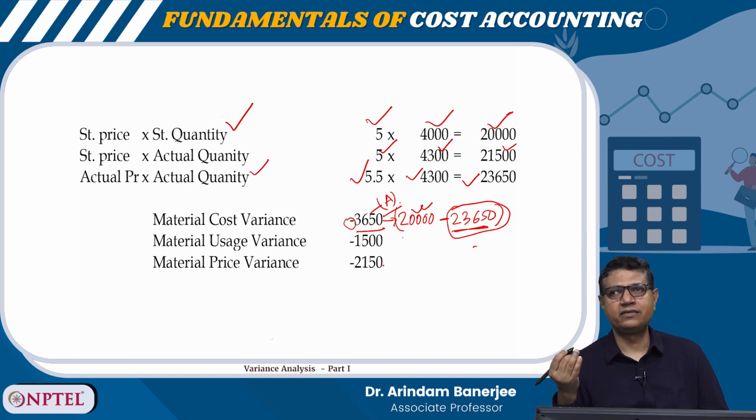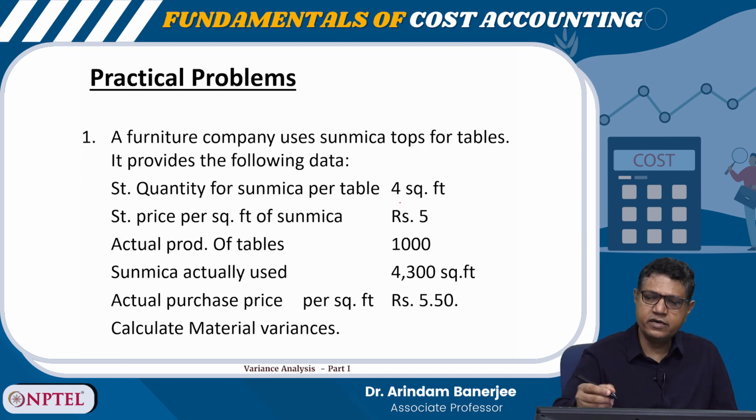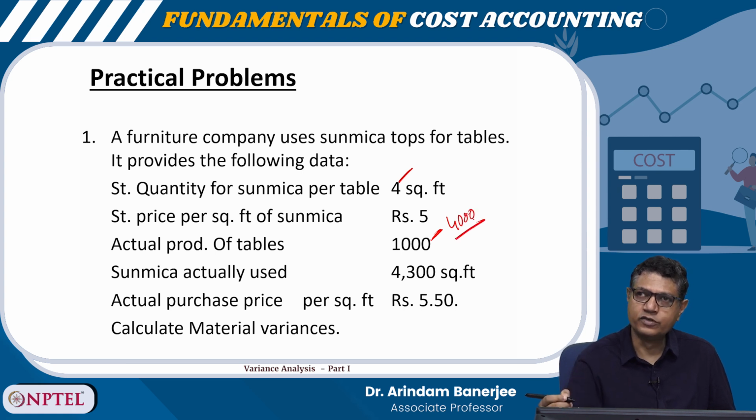Here the standard usage is 4 square feet per table, so for actual production it should be 4 into 1000, that is 4,000, but actual usage is more, 4300.